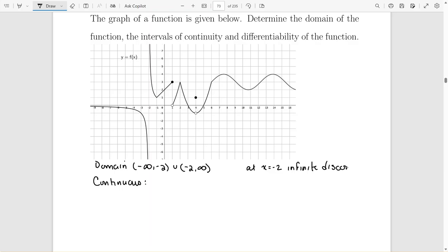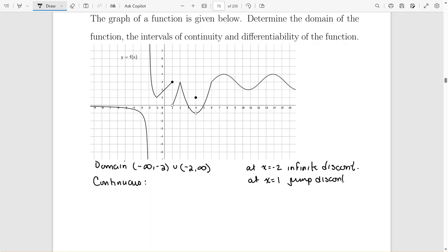So that's 1. Continuity means if I have to pick up my pencil and start again, that's where it's not continuous. So I'm good up until -2. I had to pick up my pencil and then come over here. And then here I have to pick up my pencil again and keep going. So at x equals 1, I have a jump discontinuity.